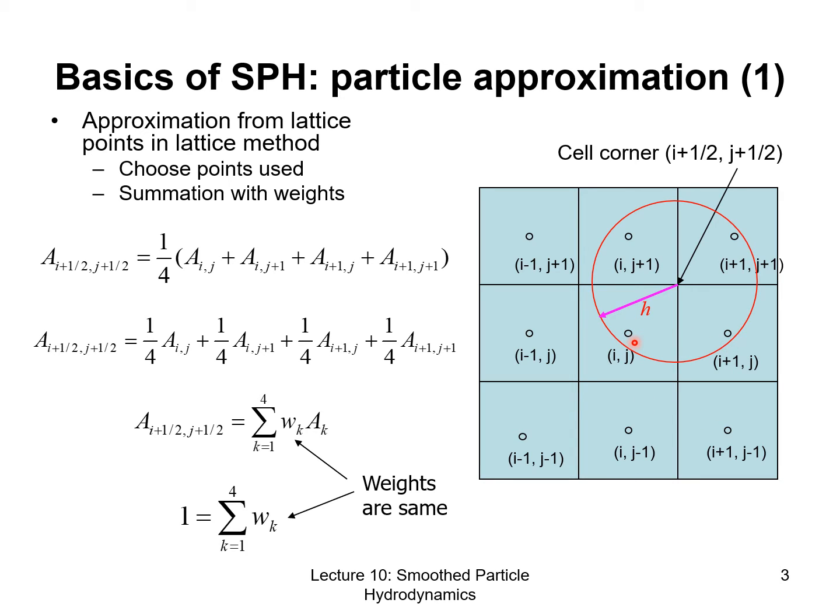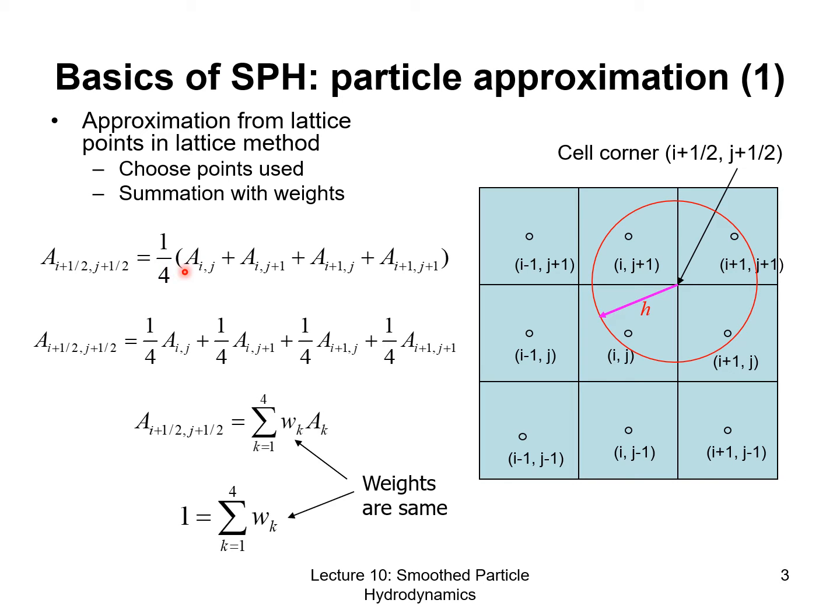If you have cell center values and want to approximate the value at the cell corner, you basically use the 4 neighboring cell center values. So the approximate corner value would be the average of the 4 cell center values around this cell corner. Basically you can write a form like this, the average of the 4 values.